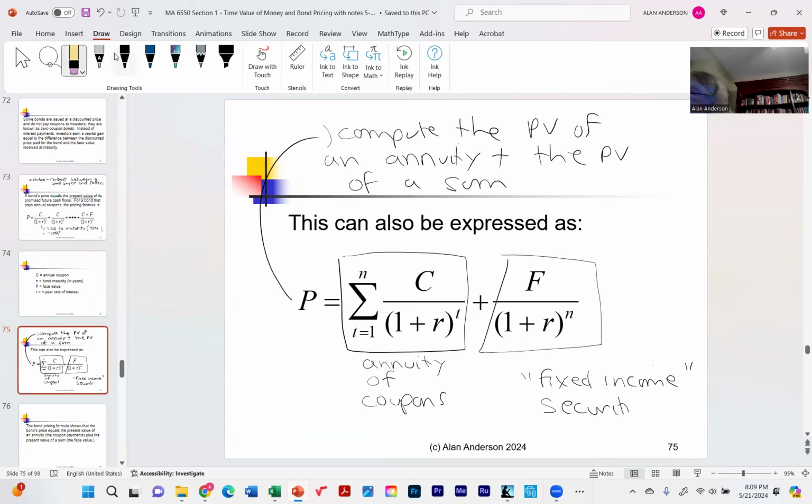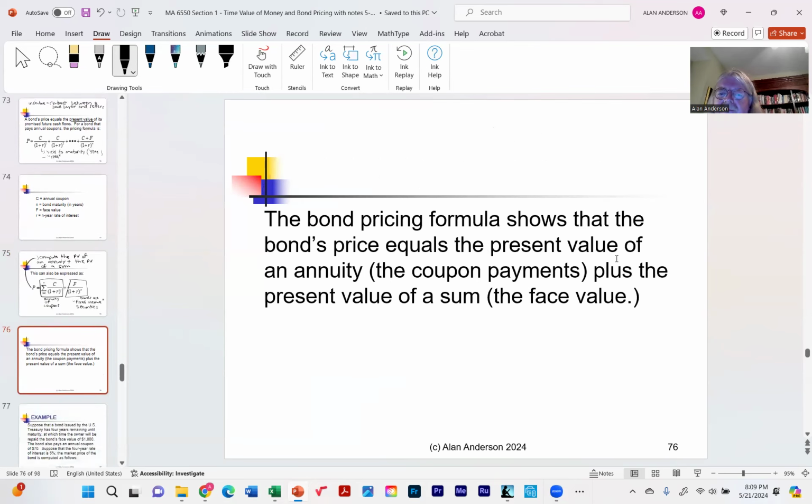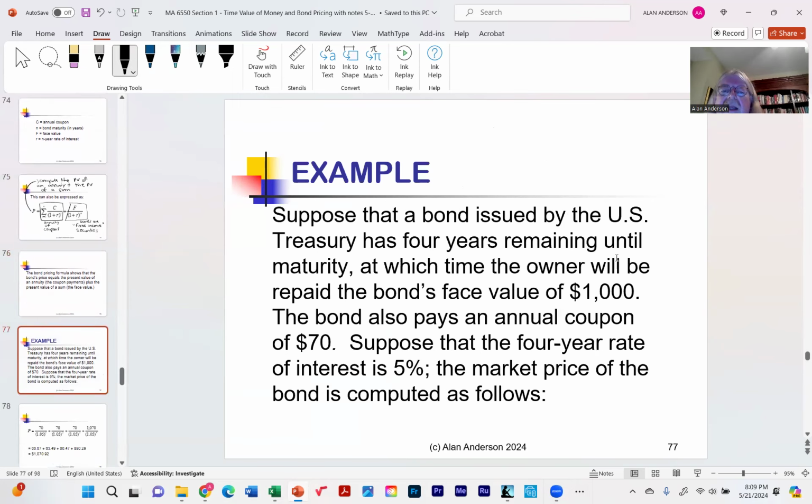Compared with stocks, for example, where the cash flows are very unpredictable. So that makes things a lot simpler for calculating bond prices than stock prices. Stock prices require a lot of other considerations, but here it's really just a straightforward matter of determining the present value of these cash flows. Interesting.